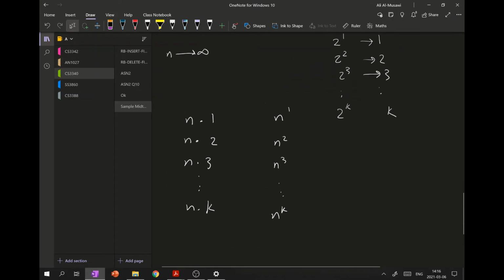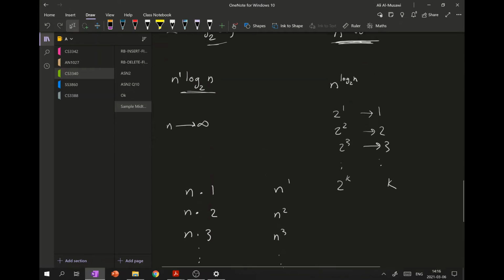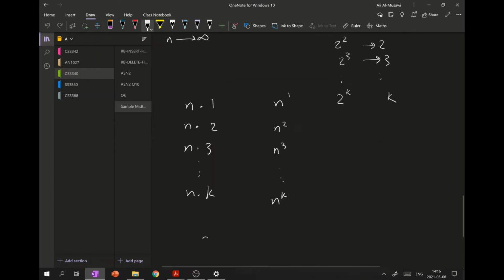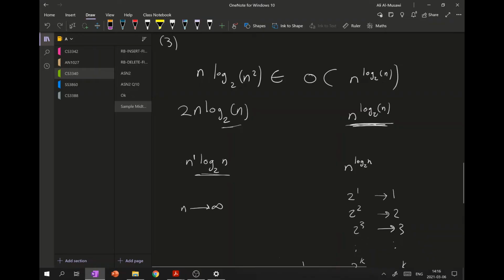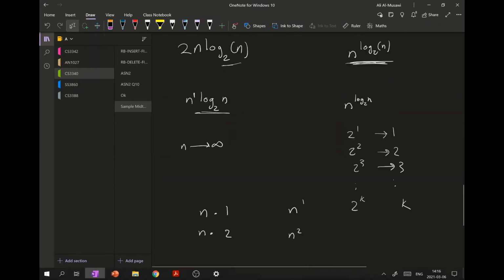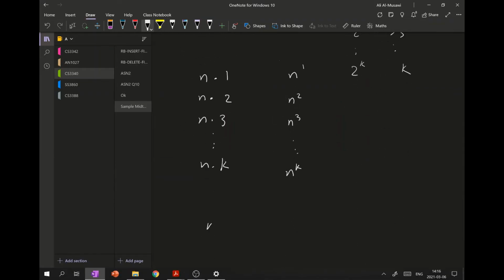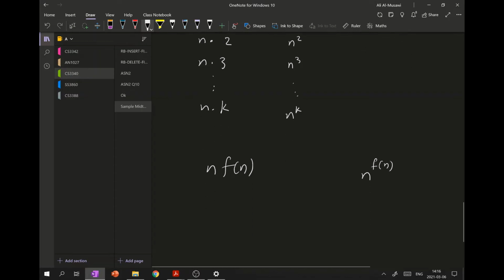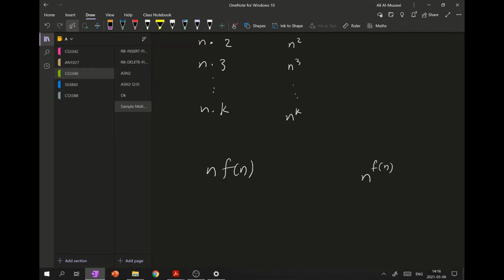But if this is not clear, you could write it as some function. I don't want to use big O a lot, so let me just write it without big O. So you have n times some function f(n), okay, and there we had n to the f(n). And of course, f(n) is an increasing function. Then in this case, without a doubt, exponentiation is faster, okay?